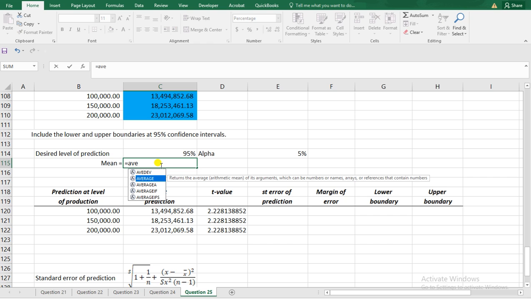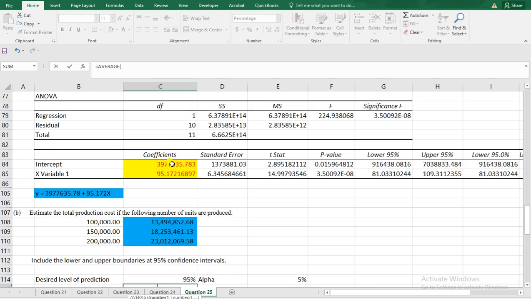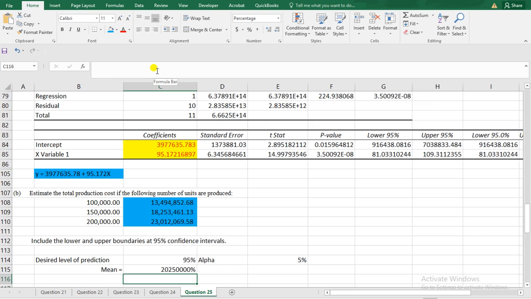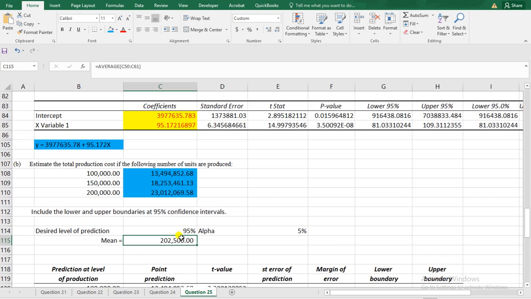Average of what? Average of x. So I'll come here and select our x, then comma. This is not a percentage per se, but a value, right? So this will give us the average of x.